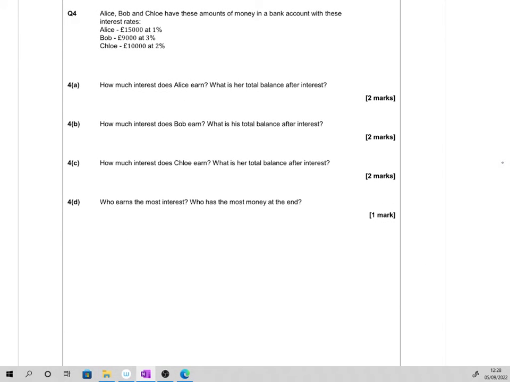Right. Alice, Bob and Chloe have these amounts of money in a bank account. How much does Alice earn? Well, Alice earns 1% of that, which is £150. So 15,000 plus the 150, because that's 1% times 15,000, equals 150.